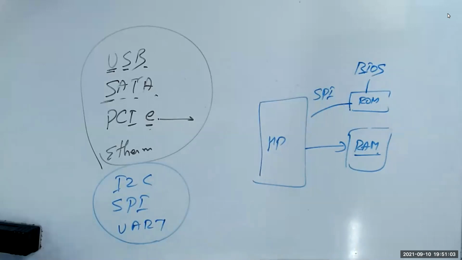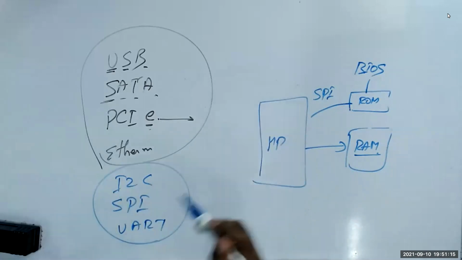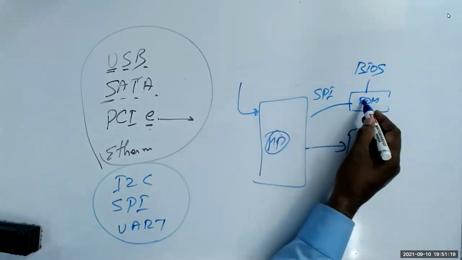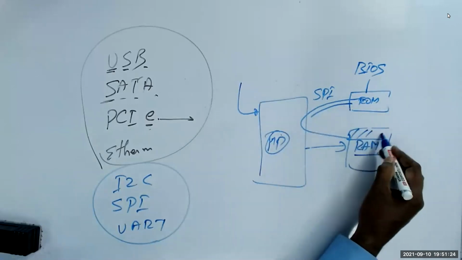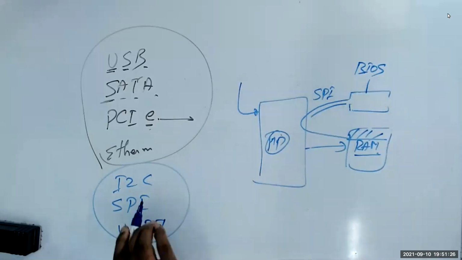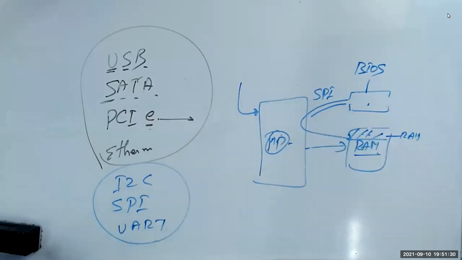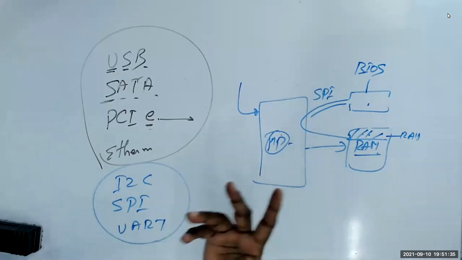But that's very tricky. So it's a very slow serial bus. But what they do here is the moment you power on, this microprocessor takes the code from ROM and copies the entire code of ROM into RAM. Then the ROM is useless. Then he will execute everything from the RAM. The ROM is used only in the beginning to hold the data. Otherwise, RAM will not have the proper data.